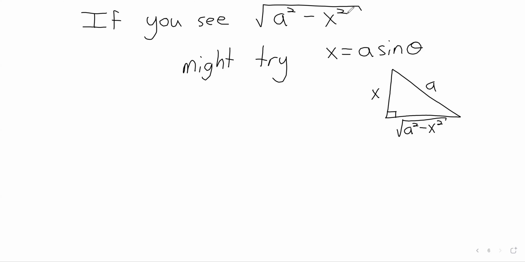And you see the word might there. I mean, I've already mentioned it's, of course, certainly possible to do trigonometric substitution and wind up with a new integral that you still can't take. Or it's perfectly possible that you can see this square root and trigonometric substitution is still not the thing to do.